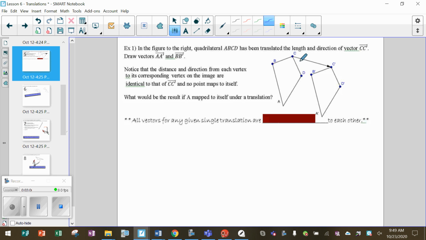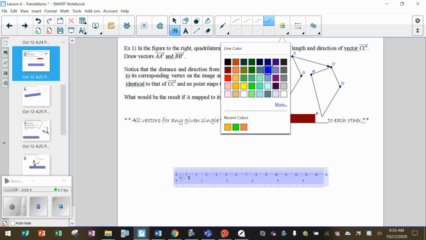figure ABCD has been translated or slid over to a new position called A prime, B prime, C prime, D prime. If we draw in our vector, that means we connect any pre-image point to its image point and show the direction that it moved.